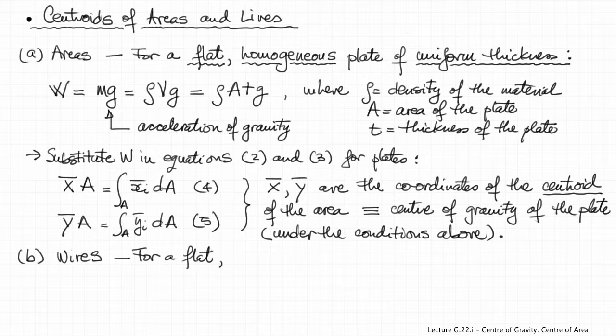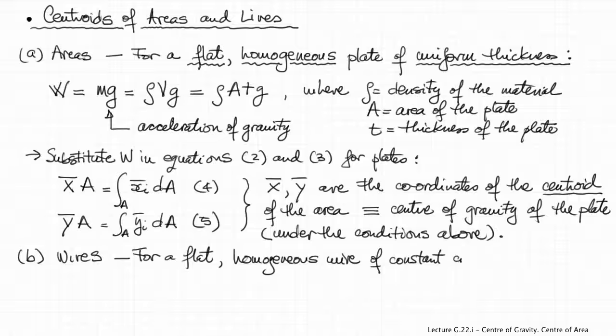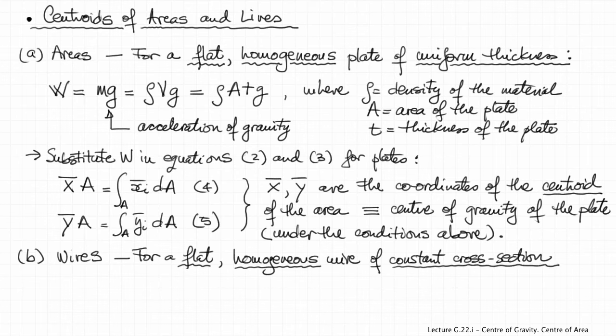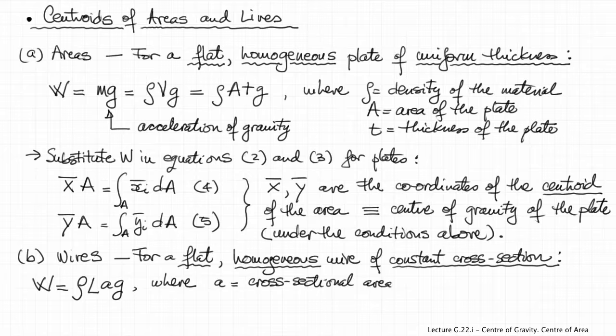Now for wires, again, if we consider a flat homogeneous wire of constant cross section, then the weight of the wire can be expressed as rho, the density of the wire, times L, the length of the wire, times small a, which is the cross-sectional area of the wire, which is constant along the wire, times g, which is the acceleration of gravity. Then we can derive similar formulae.